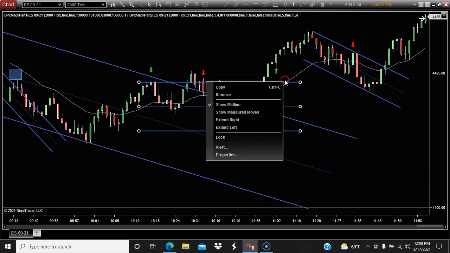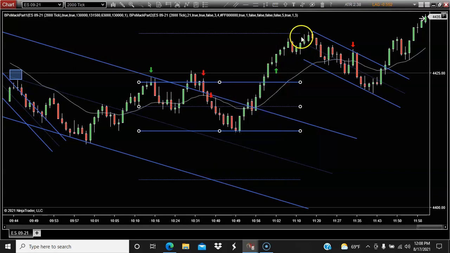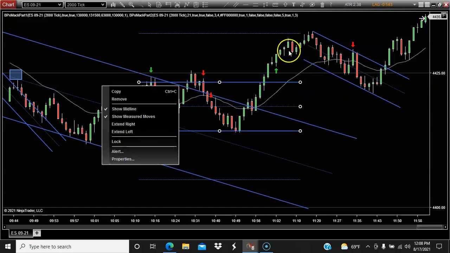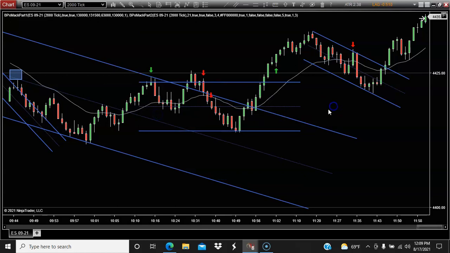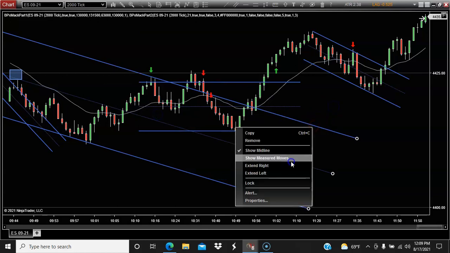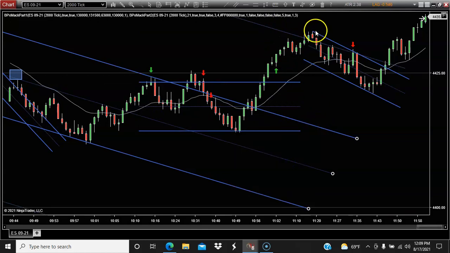Look, measured move. This stuff is crazy. So I have this range drawn. It hit the measured move there, but also this major trend channel. Look at that. You get a slight break of that measured move, and that's where price met some resistance there.